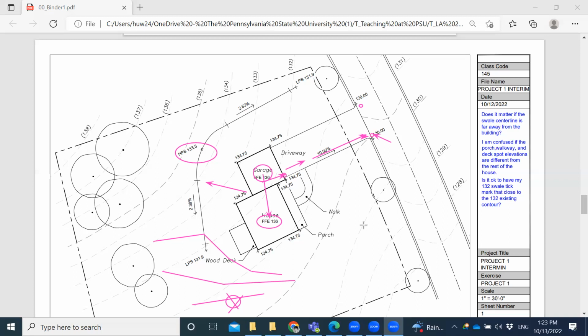That is okay, because you can see as I was drafting out the contours, the 132 needs to be dragged around the building, right? A big portion of this contour will need to be changed. So that's not necessarily a signal that you have to move it up.